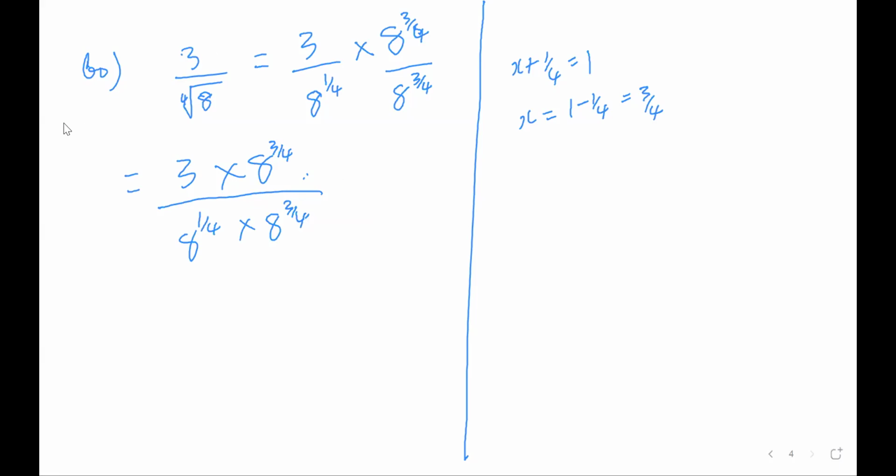And we know that by our law of exponents 1, when you are multiplying expressions with the same base, you can simplify by adding their powers. So if we apply that law to the denominator there, the numerator becomes 3 times 8 to the 3 over 4 divided by 8, basically 8 to the 1, which is 8.